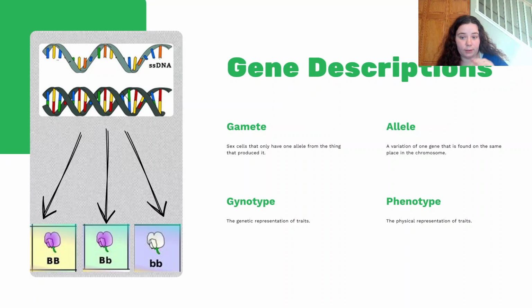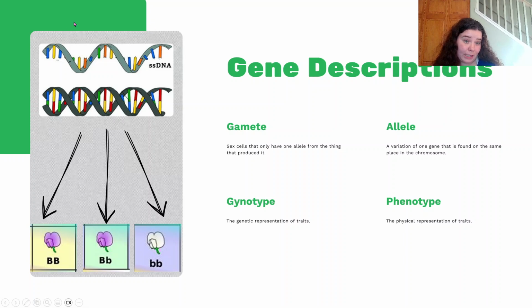The big B, the little b. Those are variations, right? So in this case, we're talking about flower color down here. A gamete would be this whole thing encompassed in a cell, this top one.